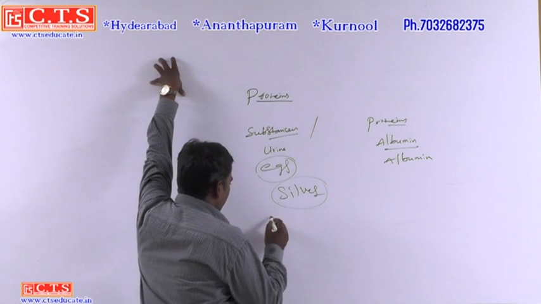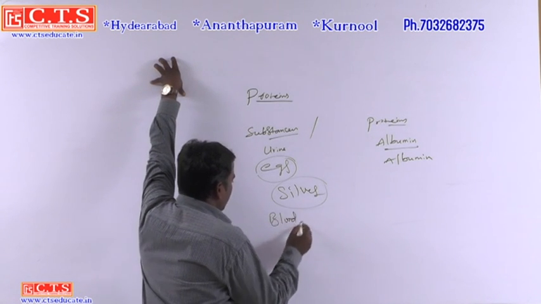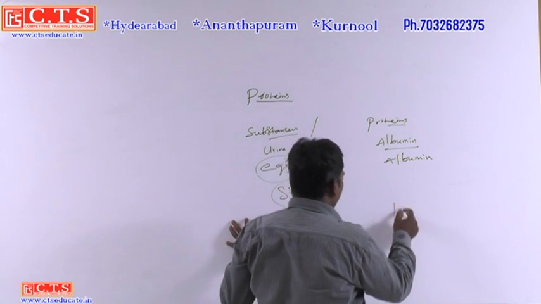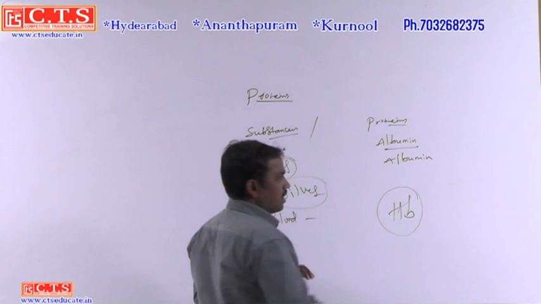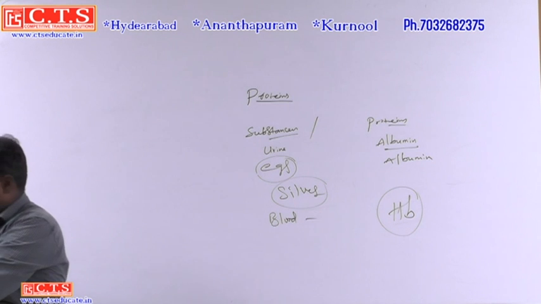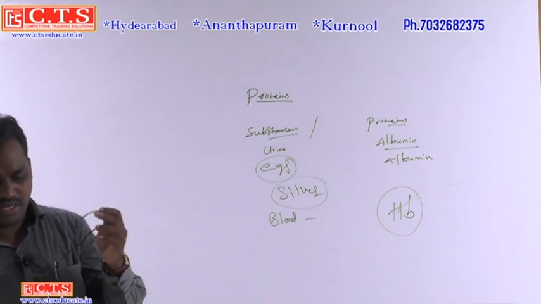Next one is a well known bit: blood proteins are hemoglobin.